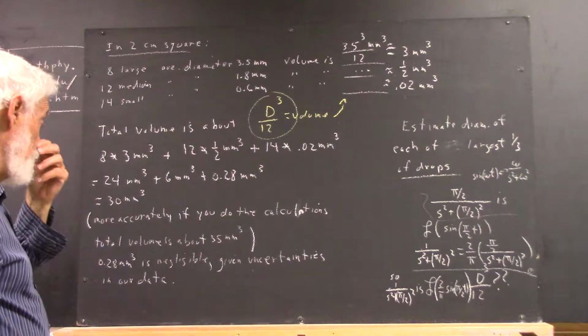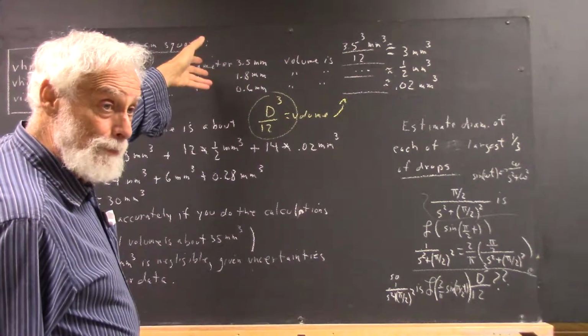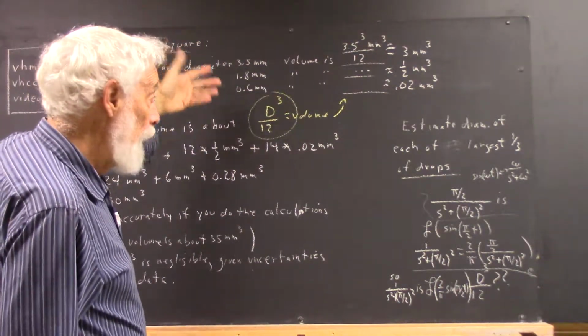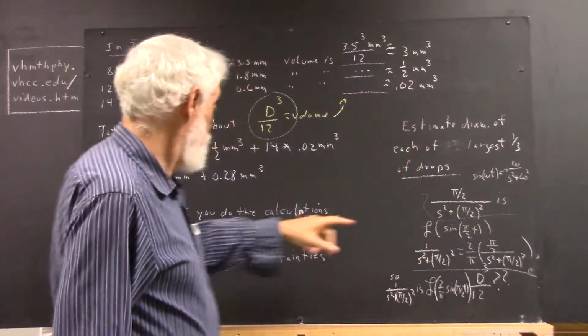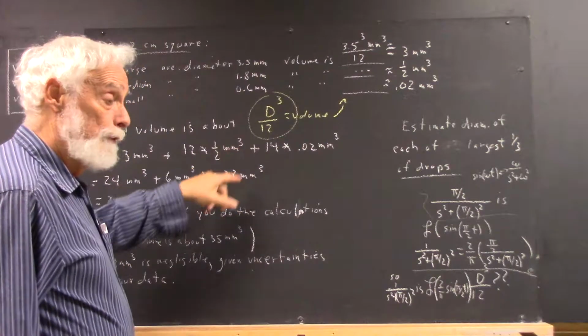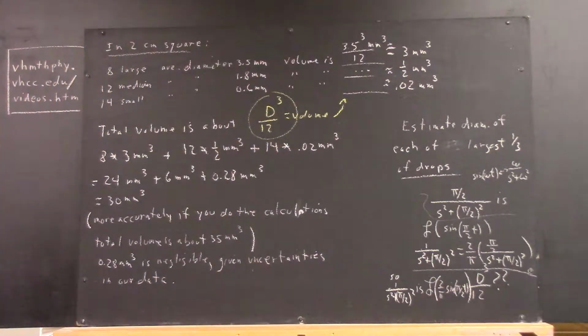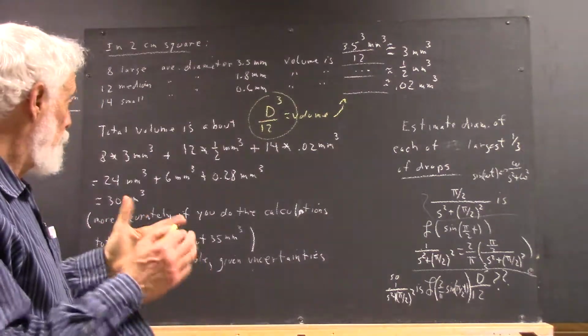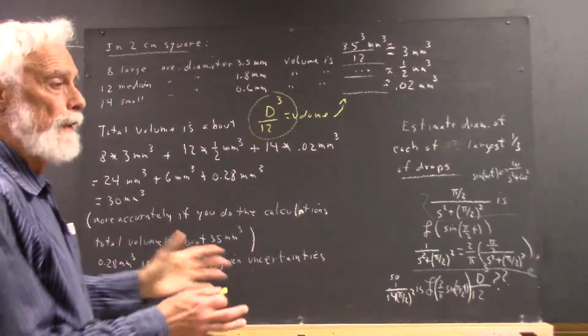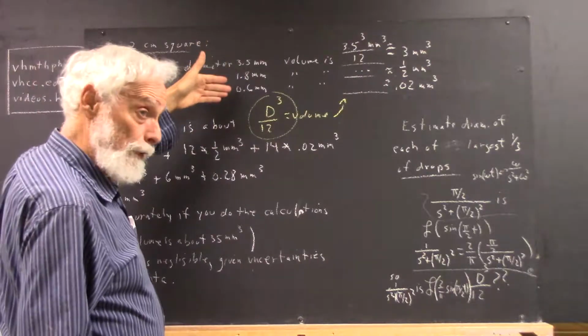Now we comment that these are just estimates. We're certainly not totally accurate with this. So the 0.28 cubic millimeters that we get for the 14 small drops is really insignificant compared to our likely uncertainty in estimating these things.